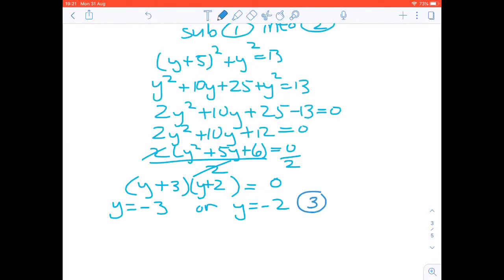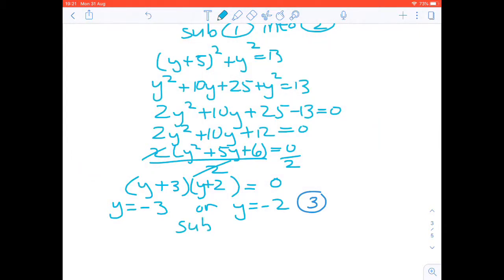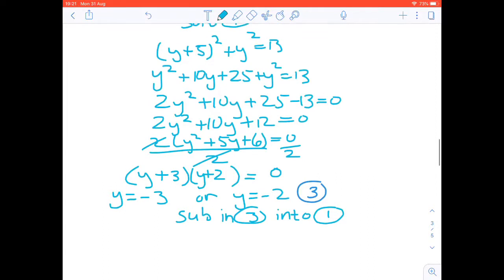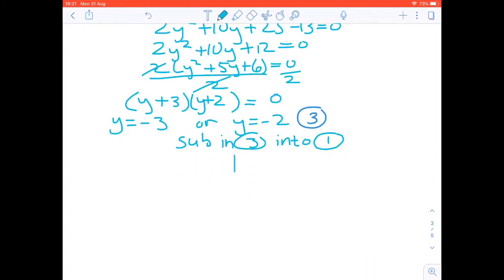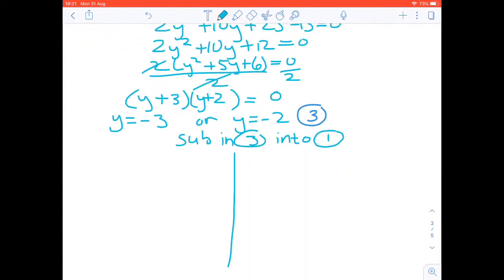And we substitute again, sub in 3 into 1. But now we're going to have two parts, right? So let's make a line. So our equation 1 is x equals y plus 5.